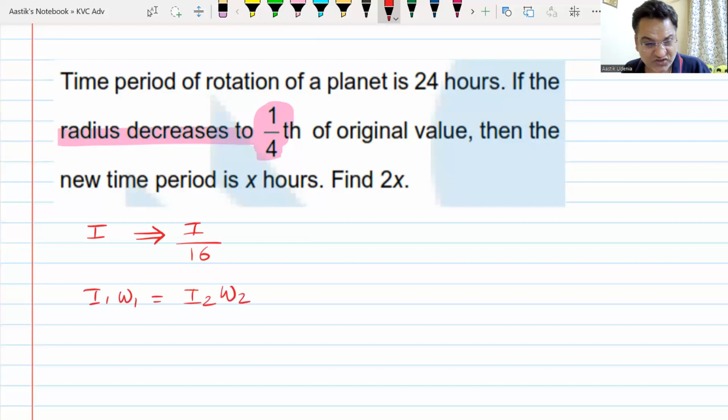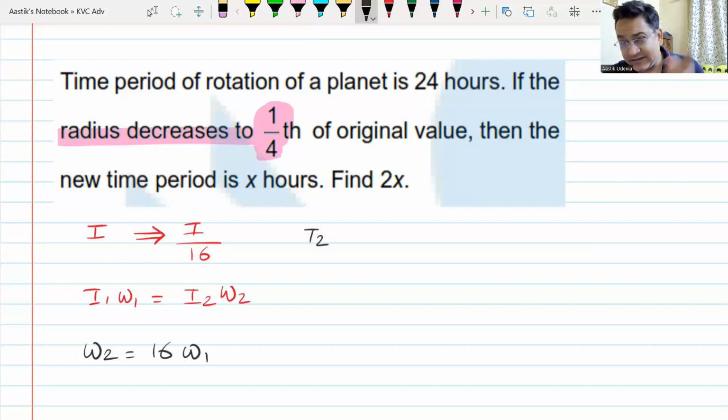So it will start to spin faster. How much faster will it start to spin? Omega 2 will be 16 times omega 1. So time period, T equals 2 pi by omega, is inversely proportional. So time period will become T1 by 16.